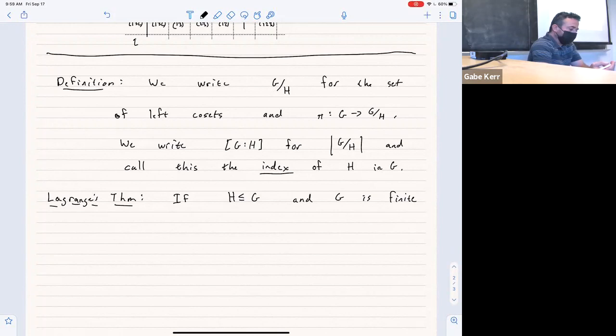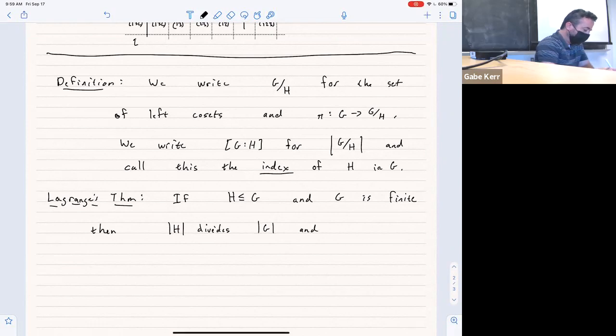Well, there are many others, but we'll run into a few of them as we go, like rotations or symmetry groups. And G is finite, then the number of elements in H divides the number of elements in G.